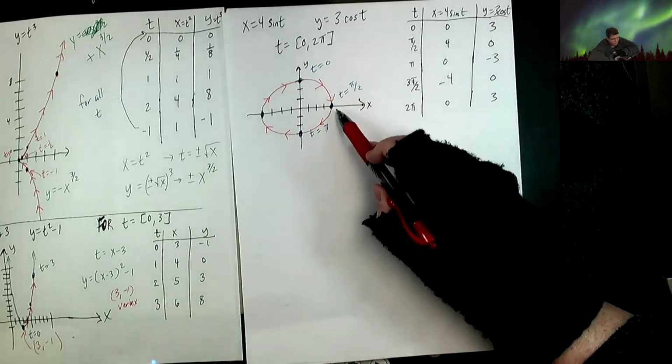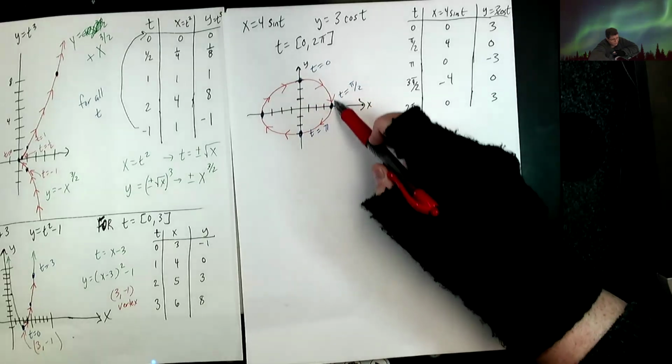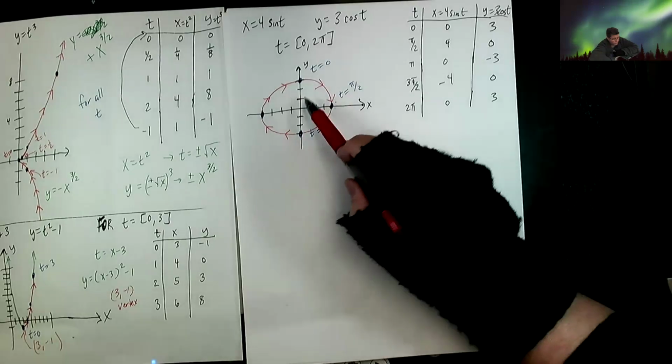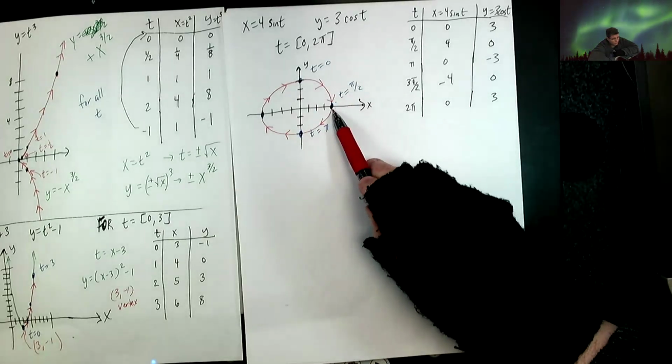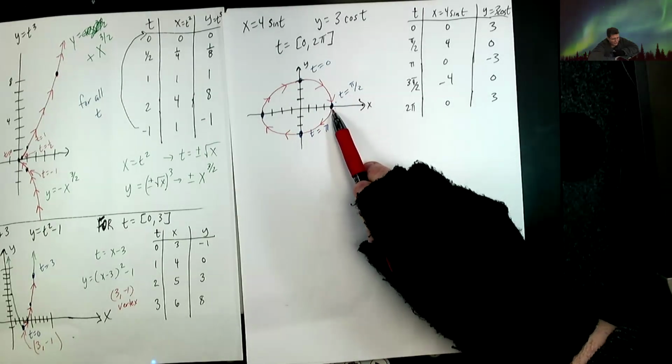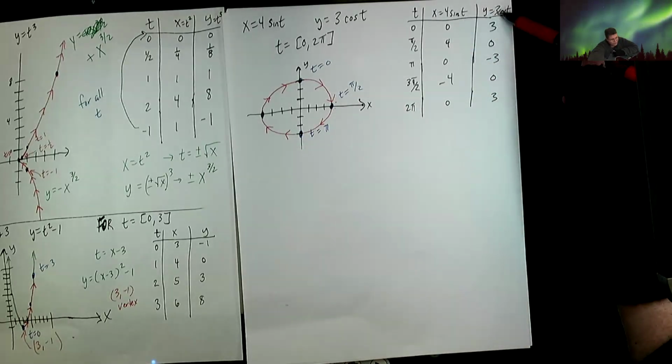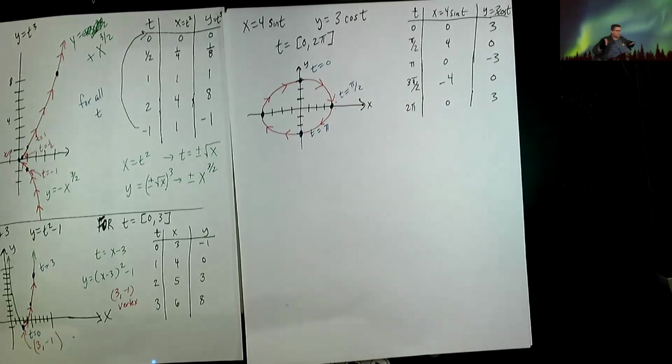And then I went to 4, 0. It's going this way. 0, 3 is right there and 4, 0 is right here. We see this normally when you have cosine related to x and sine related to y. By switching it up, it's actually changed the direction of travel.